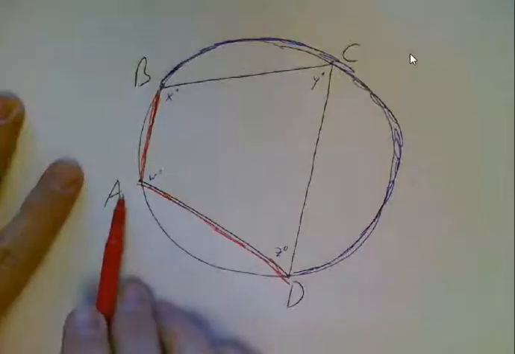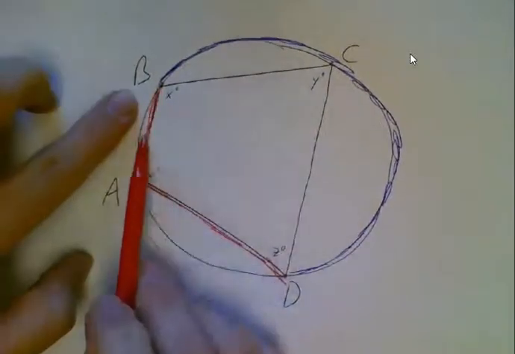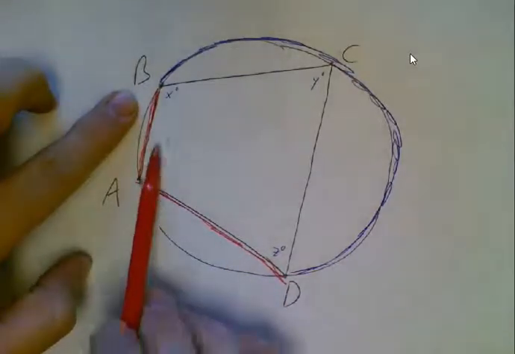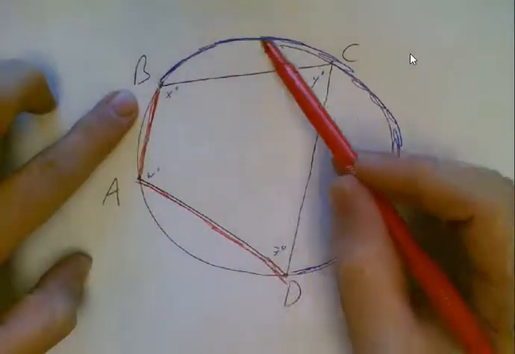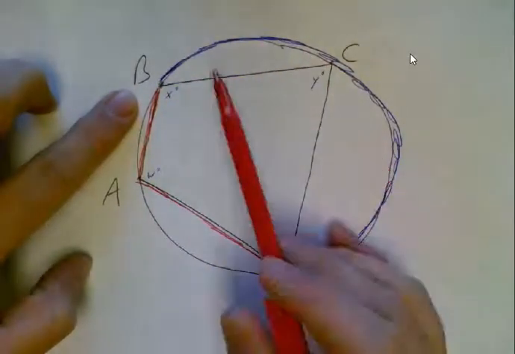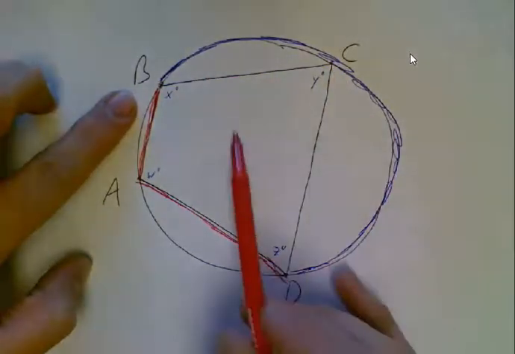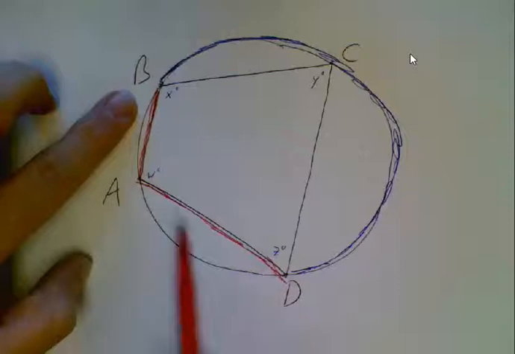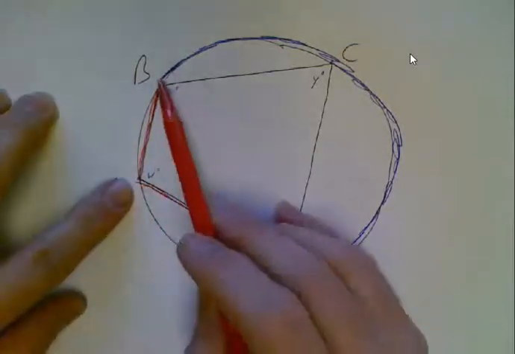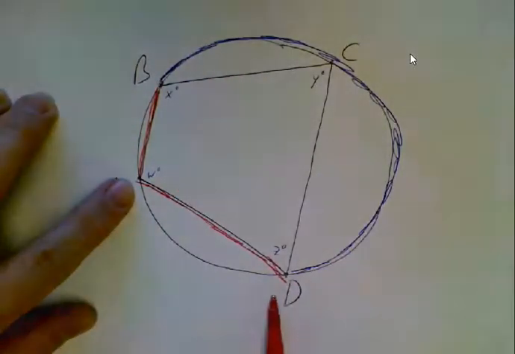If you focus on just angle A, the arc that it hits is BCD. It certainly looks like a major arc. So angle BAD, which is angle A, intercepts arc BCD.